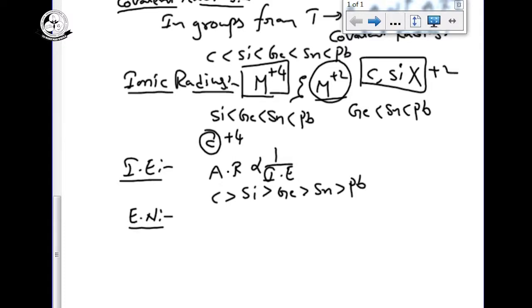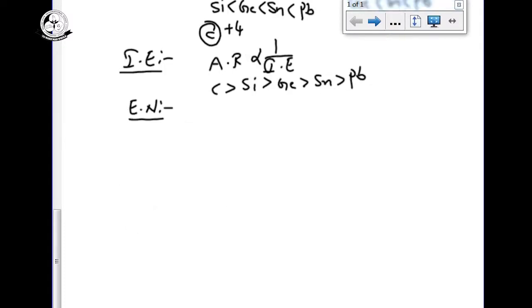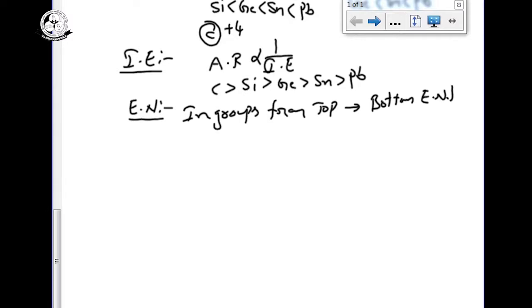Electronegativity. In general, in groups, from top to bottom, electronegativity values will decrease. Here, the general order is carbon is the most electronegative element. That's no issue.